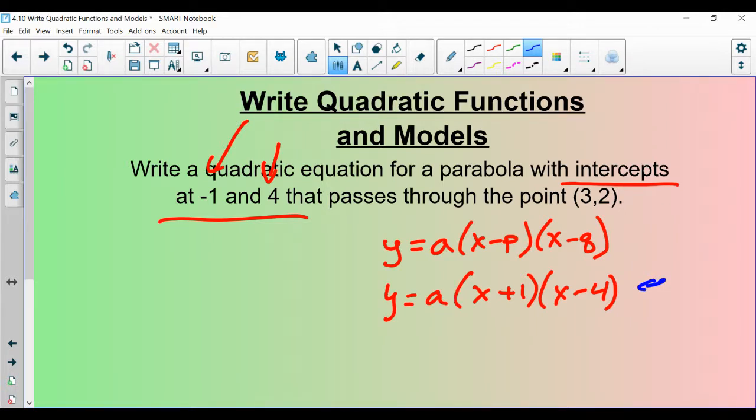So what you're going to do is use this point, and plug the x value of the point in for x and the y value of the point in for y to solve for a. So 2 is now going to equal, we still don't know what a is, but 3 is going to go in for x, 3 plus 1, and 3 minus 4.